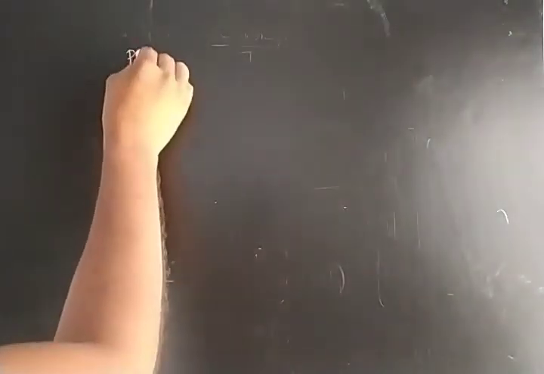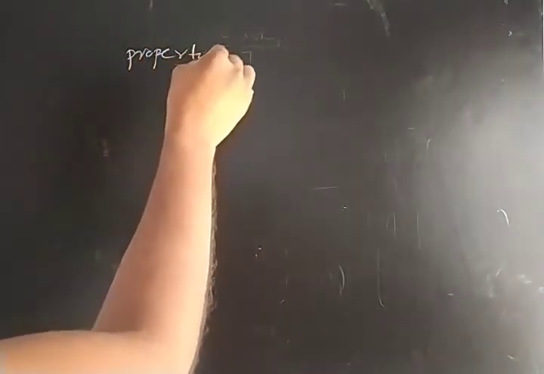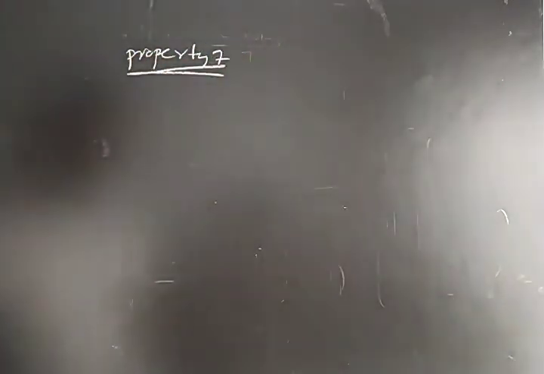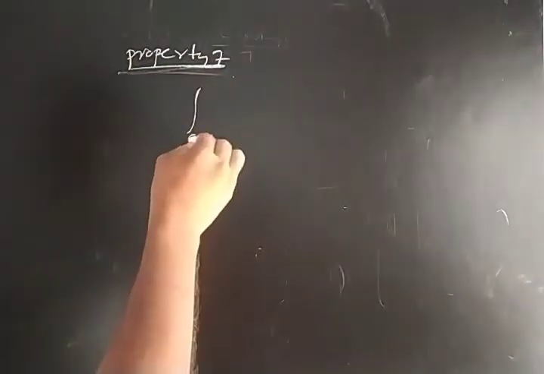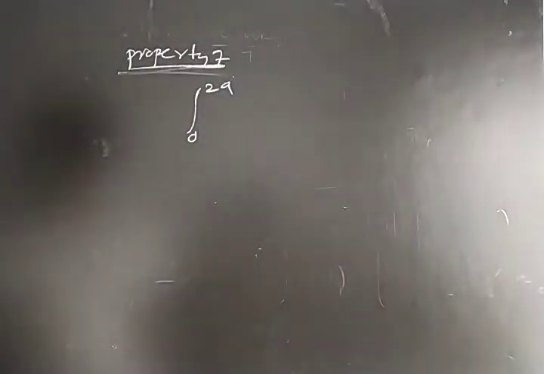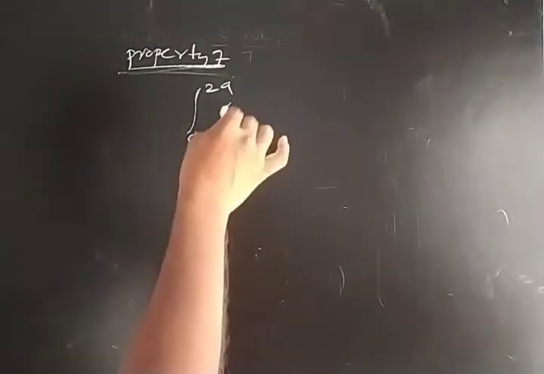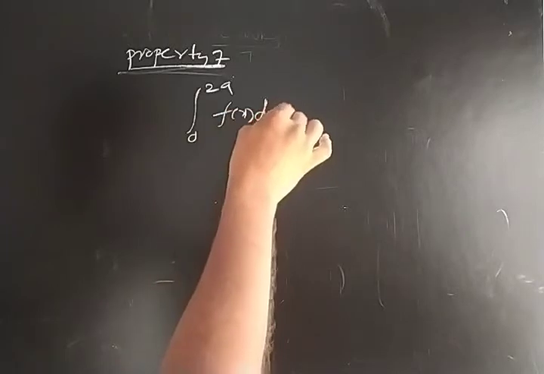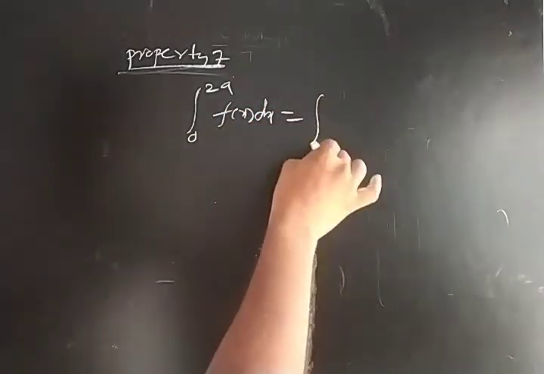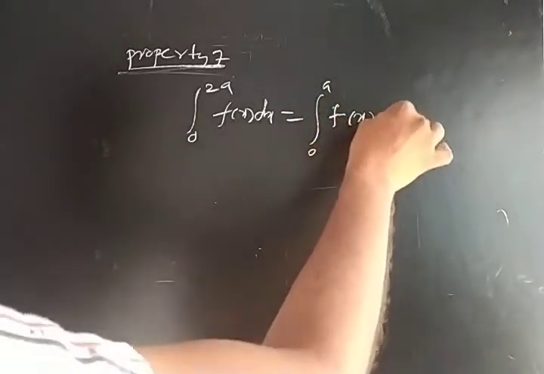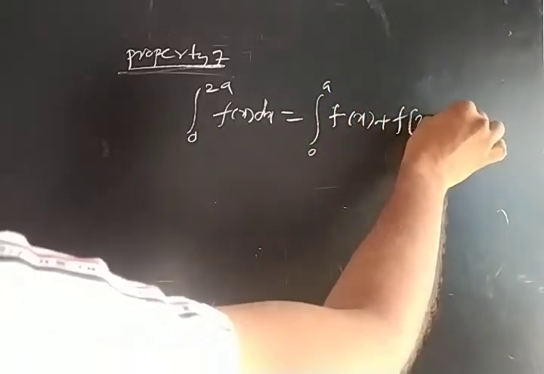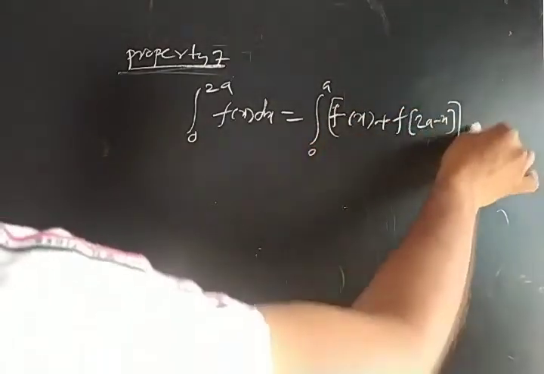Now one more property number 7. Property 7, seventh property. So you remember all these properties, they are very useful while solving the definite integration. Okay. 0 to 2a f of x dx is equal to 0 to a f of x plus f of 2a minus x dx.